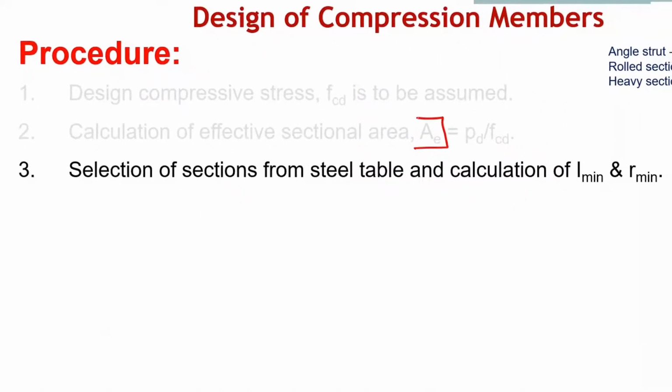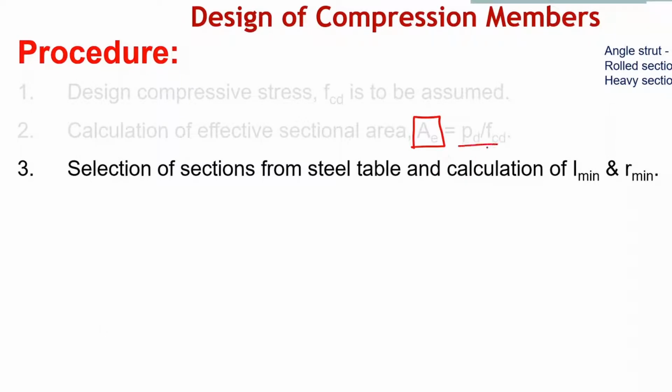Once the area has been calculated from this equation, you need to select a section from steel tables or any relevant Indian standard code. So the question is, is this the only way to select the section? Do I need to find the area by assuming FCD and selecting a section?